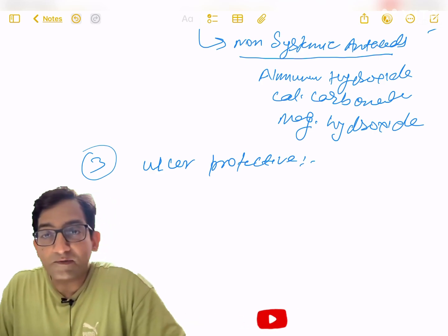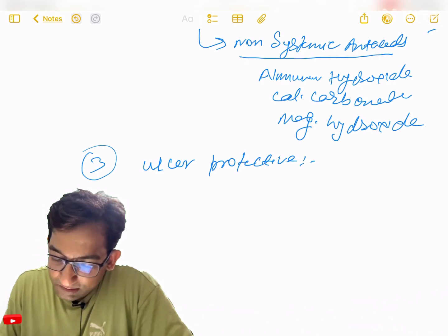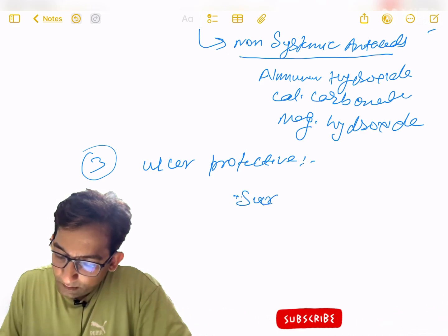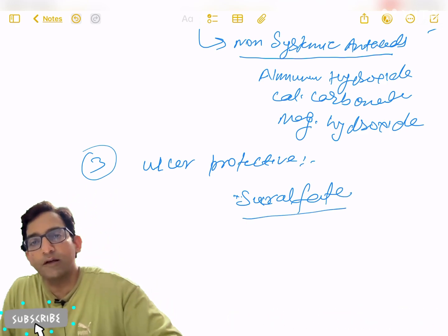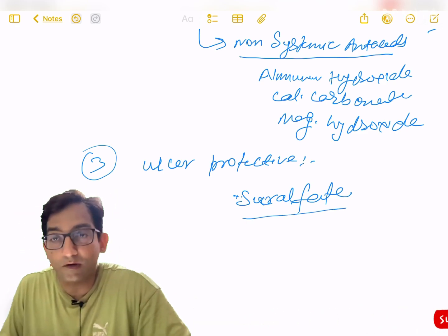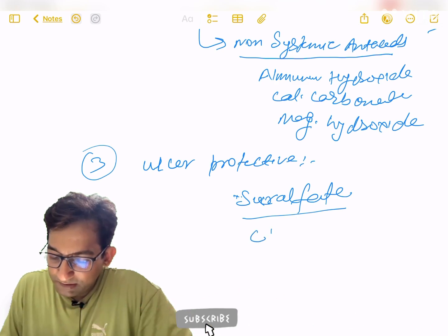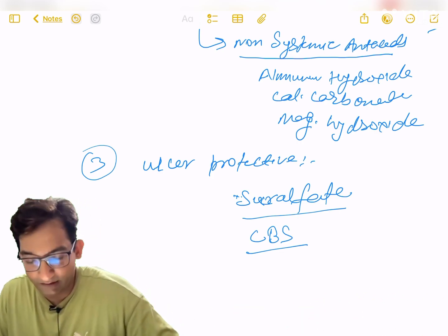Examples of ulcer protectives are sucralfate, the most commonly used drug. Mainly a syrup of sucralfate is available. Now, colloidal bismuth subcitrate, CBS, is also an example of an ulcer protective.